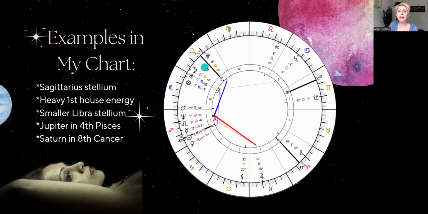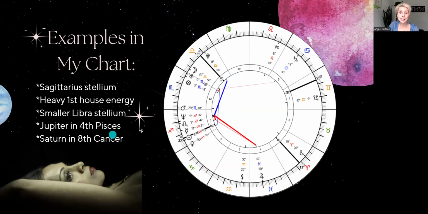Typically the midheaven is in your 10th house because it goes along with your career and your vocation and where you really shine out in the world. But it can be in your 9th house or your 11th house, and mine happens to be in my 11th house. So I have 3 placements here in Libra, which is considered a small stellium.